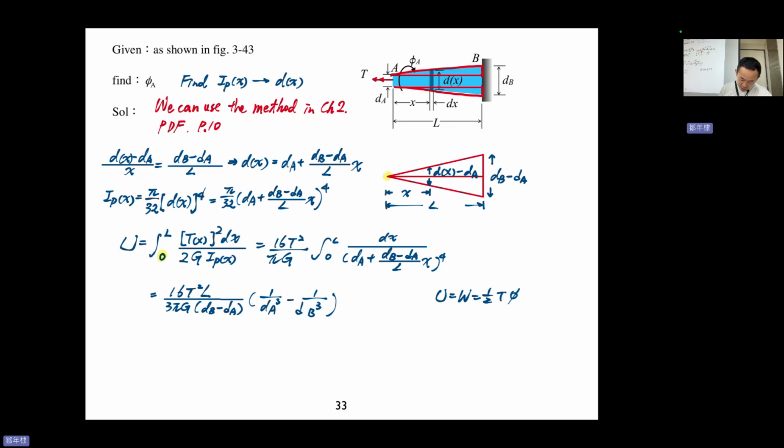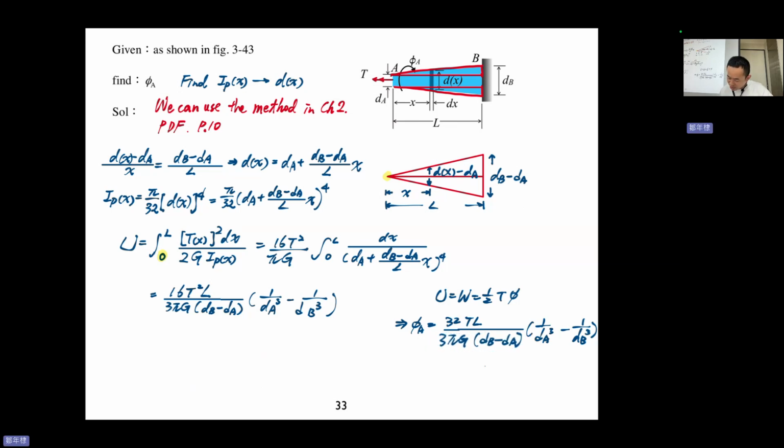So our phi A equals 32 T L divided by 3 pi G (dB minus dA), times (1 over dA cubed minus 1 over dB cubed). Wow, difficult. Okay, so that's the result.